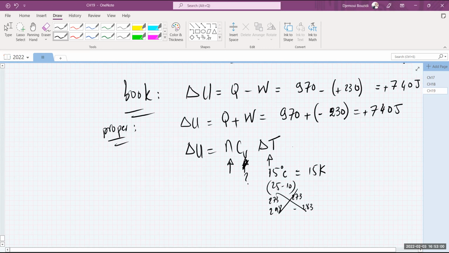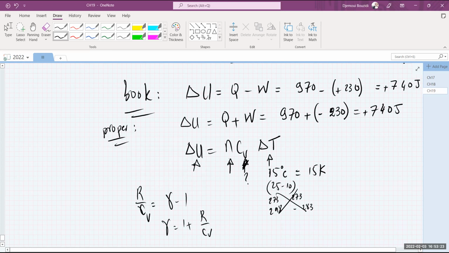When we have delta T and delta U, all we need to do is find CV. Once we find CV, we can find gamma. Because remember, R over CV is simply equal to gamma minus 1. In other words, gamma is equal to 1 plus R over CV. So if we find CV from this expression, we can find it.